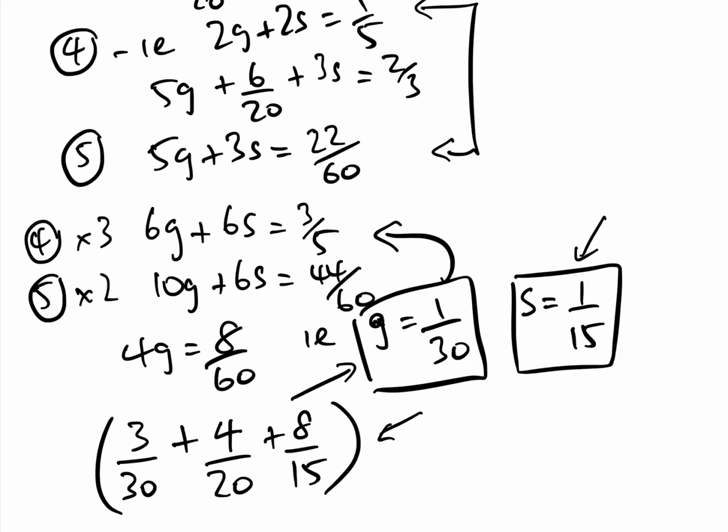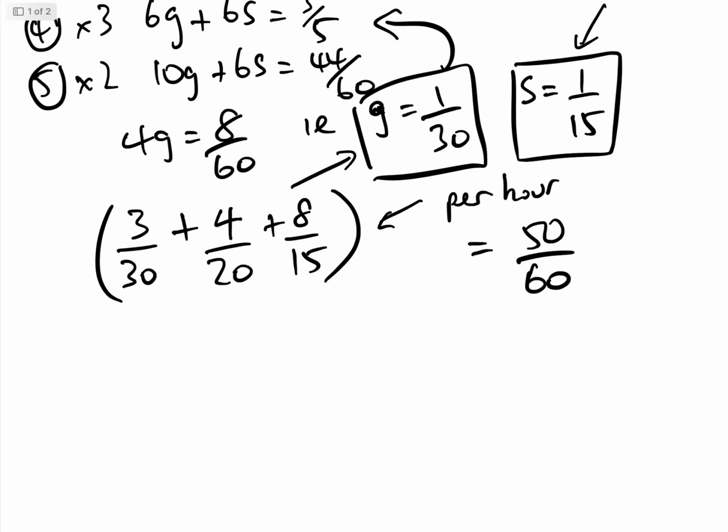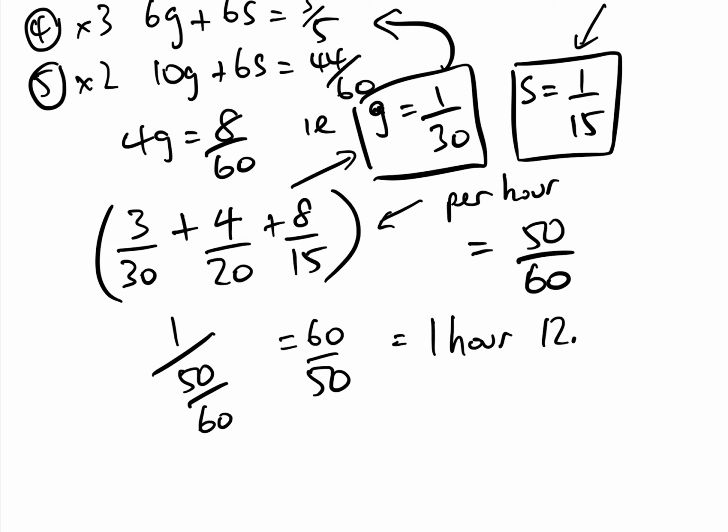So that amount of the patch eaten per hour comes to 50 over 60. And so how long does it take them to eat it? Well, 1 over 50/60 equals 60 over 50 hours, which equals 1 hour and 12 minutes to eat the entire patch of grass.